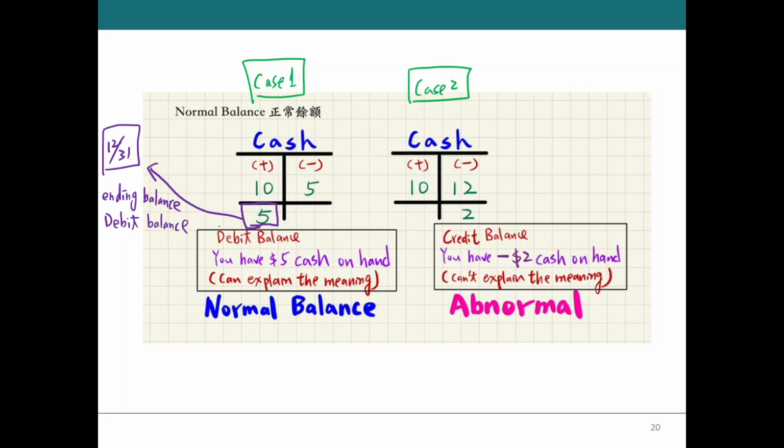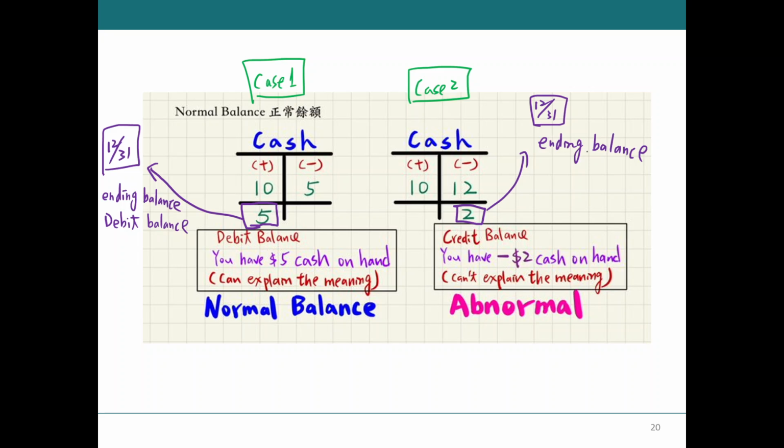Okay, how about case 2? We find out the final amount, $2, right? This $2, also we assume this is the last day we find out the numbers, so we can call it ending balance. Also, we can call it, on your right side, so we can call it credit balance.